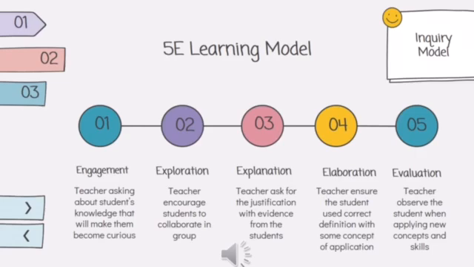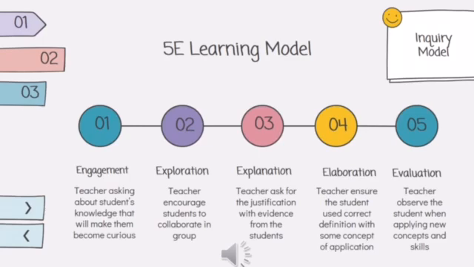The third step is explanation. In this step, the teacher asks for justifications with evidence from the students. So students will describe their questions and answers based on their observation and understanding.